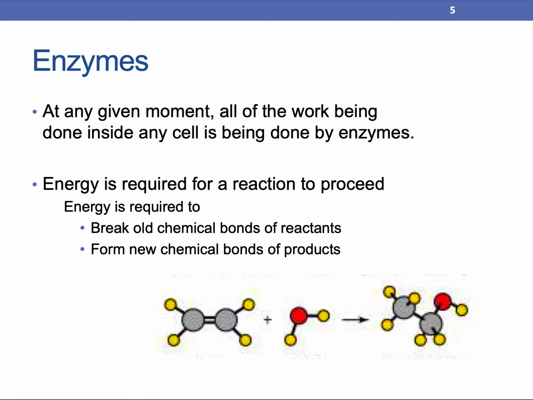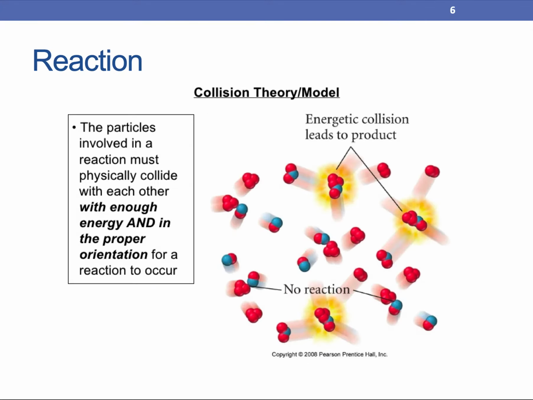What they do is that if we look at the theory of collision, which explains how reactions happen, for reactions to happen, the molecules that are always in constant movement, which have to come together to form the reaction, need to have enough energy, and they have to have the correct orientation in terms of how two or more molecules are structured.